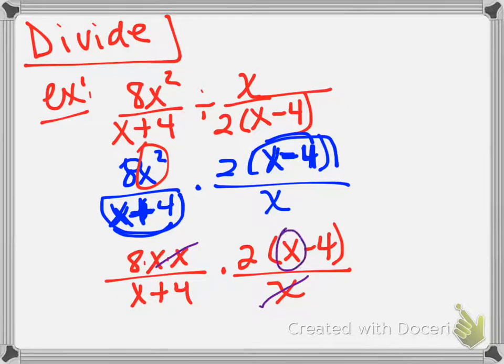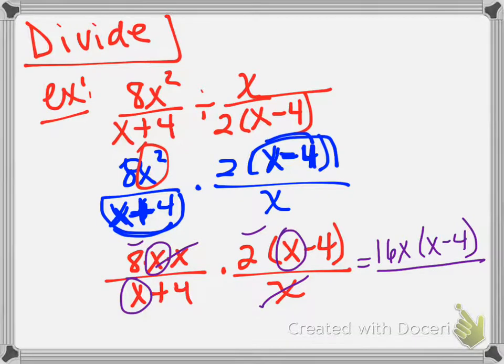Notice this one is not free and this one is not free, so I can only cancel it with another free x. So what am I left with? Well, I have an 8 and a 2, so I'm going to write that as 16. I have one free x left, so 16x times x minus 4 divided by x plus 4. That's as much as that will simplify.